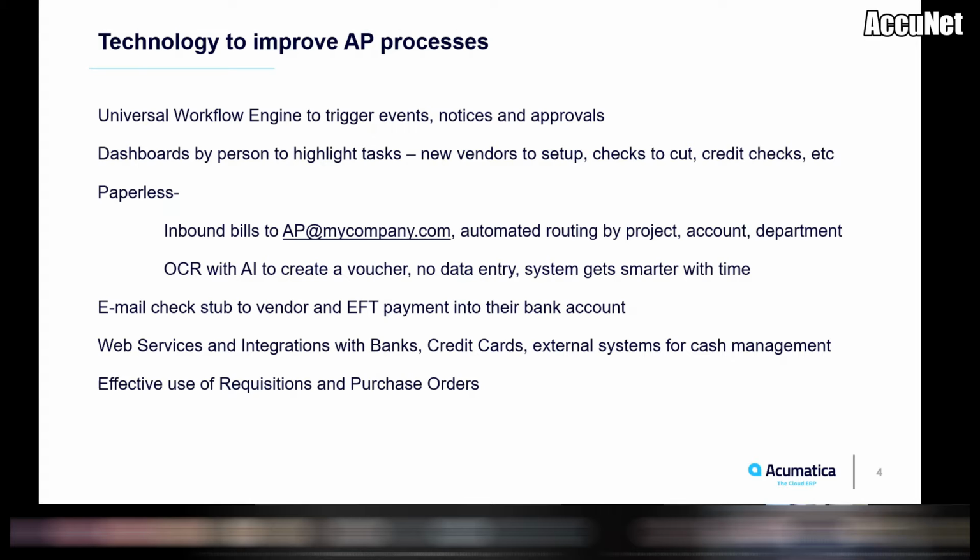A vendor can send an email of their invoice to ap@yourcompany.com, and then the Acumatica system grabs that invoice, routes it for approval using that workflow that we just talked about, codes it into the AP process, and requires any extra signatures and that type of thing, and actually can process it all the way through, create the check, send an email with the stub to the vendor, and deposit that money in their account, all paperless and very touched very infrequently, maybe not at all.